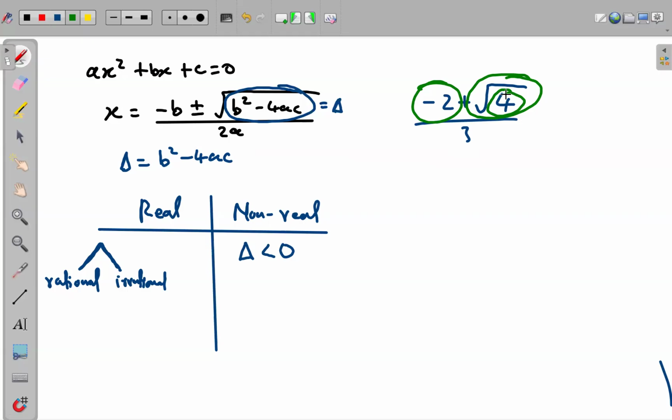That's it. So if delta is a perfect square or is a square number, then the roots will be rational. But the roots will be irrational if delta is not a square number.